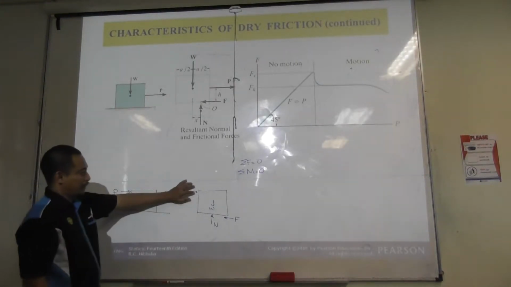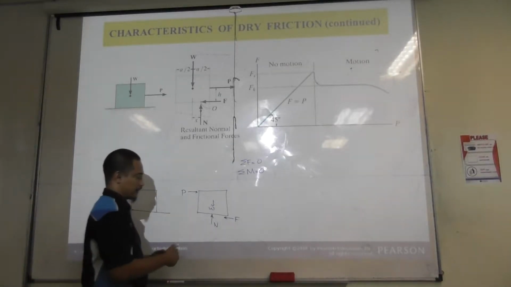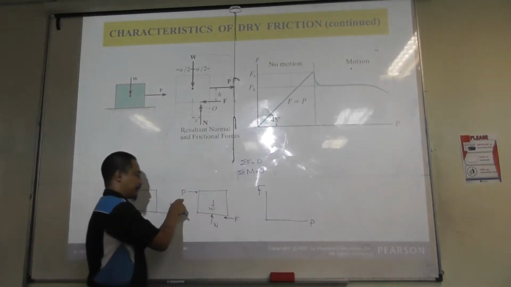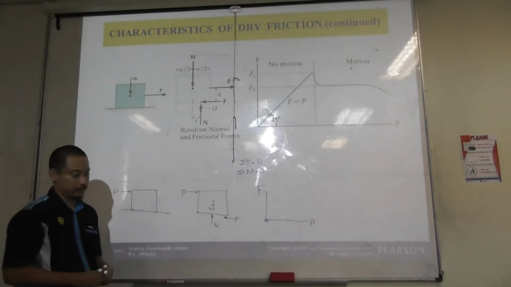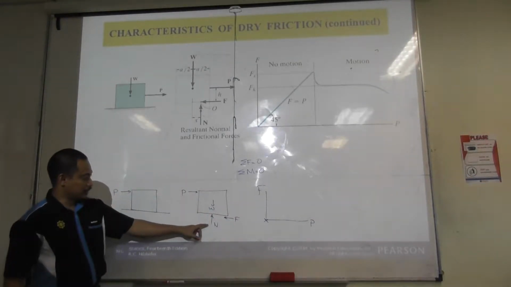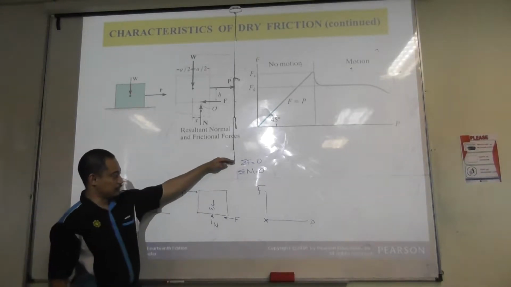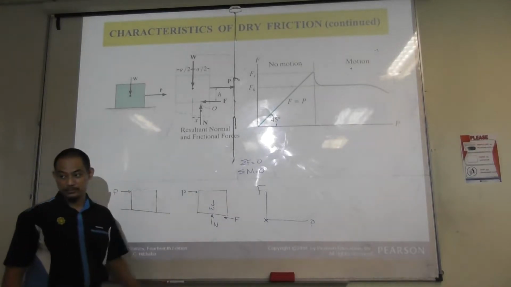Now, before we apply the force, friction will not be there, right? Meaning if we want to draw P and F, P is the applied force, F the friction. When P is 0, friction will be 0. And in that condition, there are only two forces existing. The normal reaction will counter the weight. So in that case, force is equal to 0 because this counters this one. Moment is 0 too.